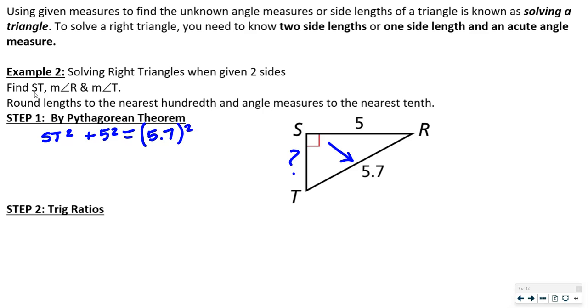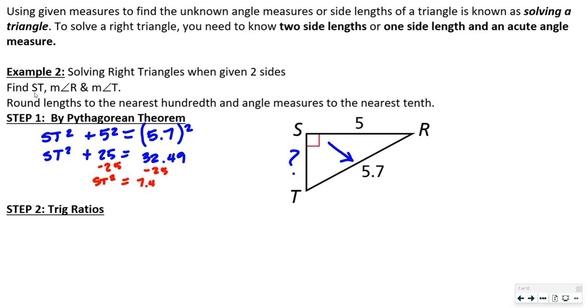So when we do that, we get ST squared plus 25 equals 32.49. Then we subtract the 25 from both sides. So we got ST squared equals 7.49.